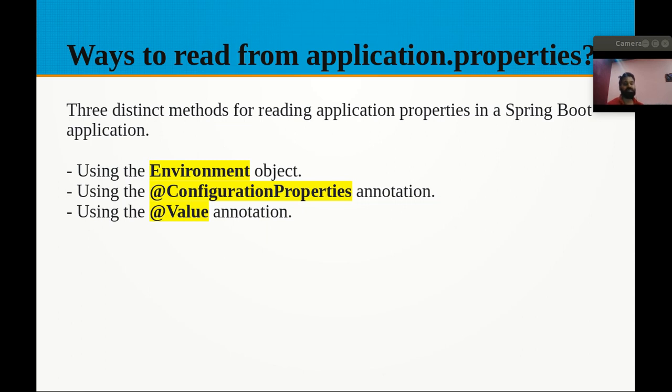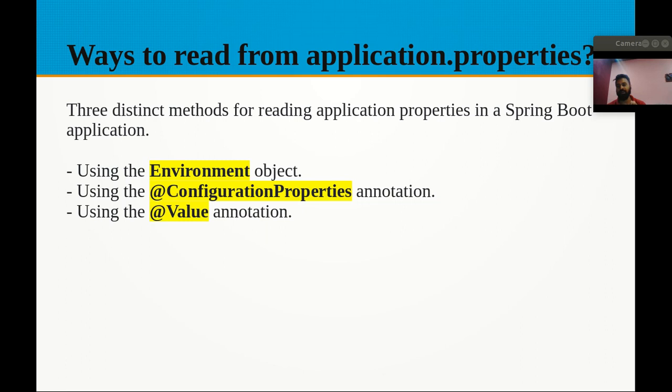The first way is by using the Environment object. In this we create the Environment object, and with this object we have the getProperty method. In the getProperty method you define the key you want to fetch, and in this way you can fetch the value. So this is the first way.